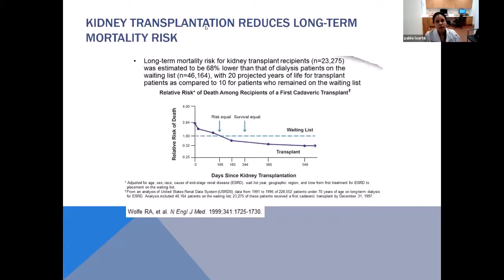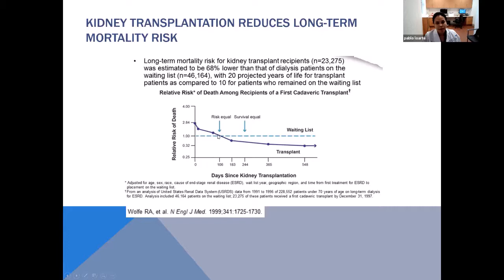When it comes to mortality benefits, this is a study that compared more than 20,000 renal transplant recipients as compared to more than 40,000 patients on the wait list. Patients who are transplanted have a higher mortality for the first 3 months after transplant as compared to those on the wait list.